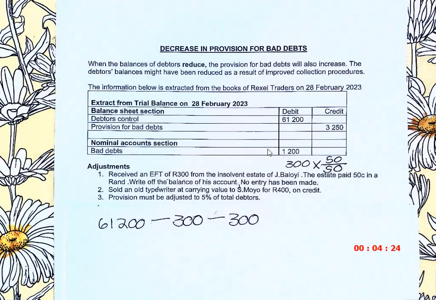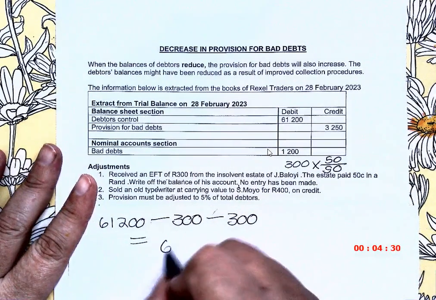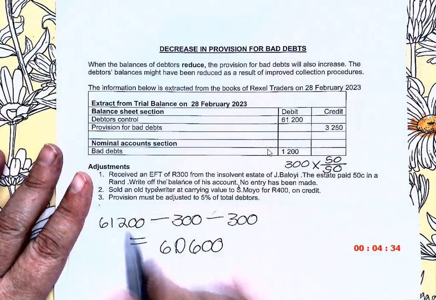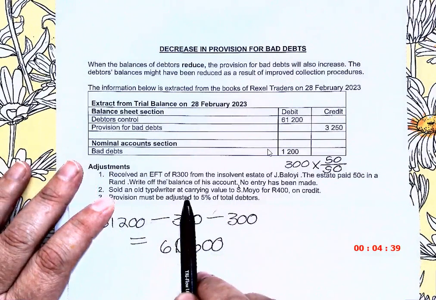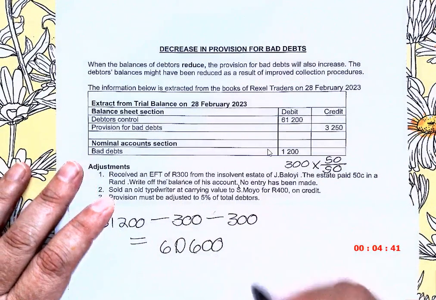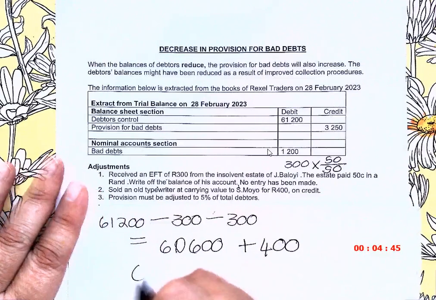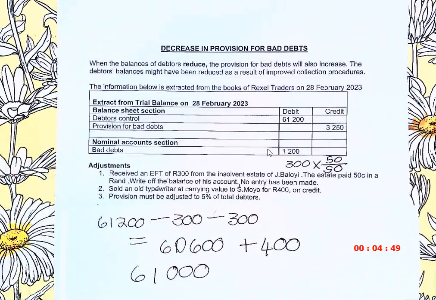So what is my debtors now? 60,600. Okay. Now we sold the old typewriter at carrying value to Mojo on credit. So now his debt becomes more. So it gives me 61,000. So now I've got my debtors control. Everybody with me?